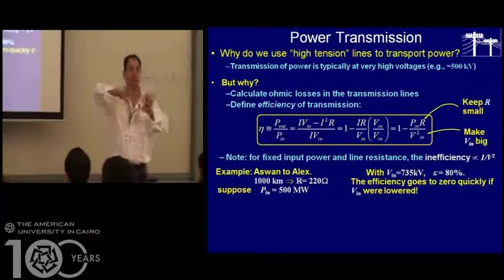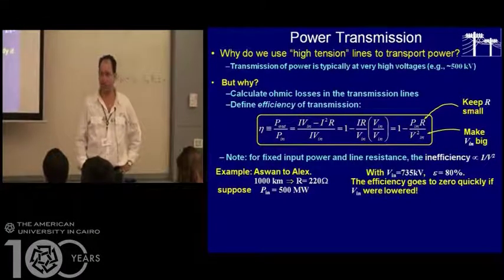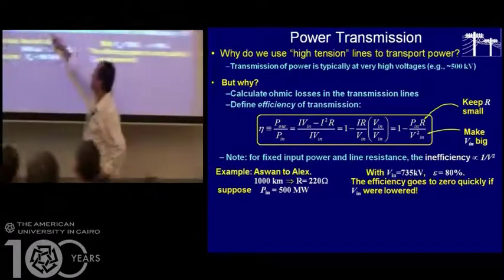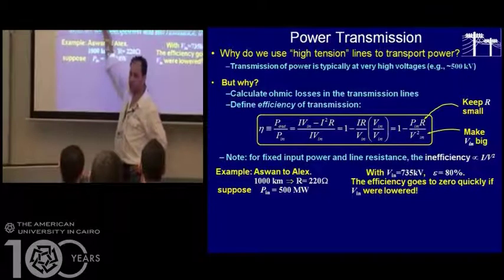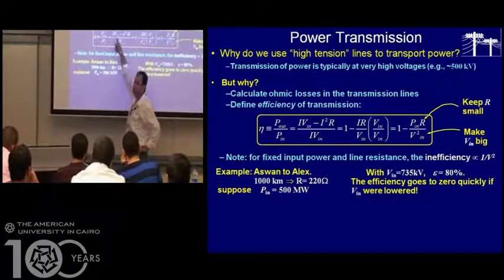So transmission lines are just devices. I want to measure the efficiency of the transmission lines. Efficiency by definition is P out divided by P in, the power out divided by the power in. Power out is the power in minus the losses.